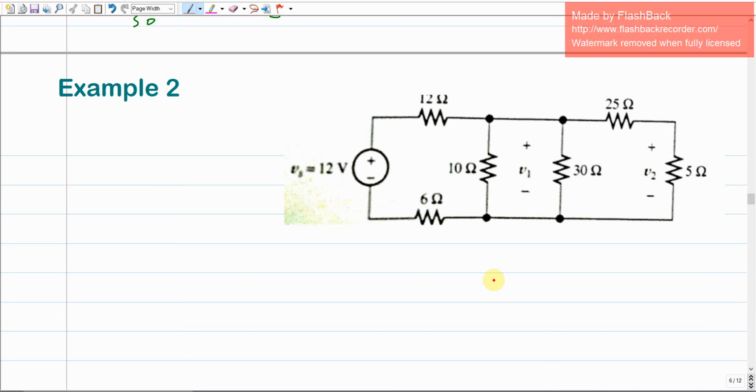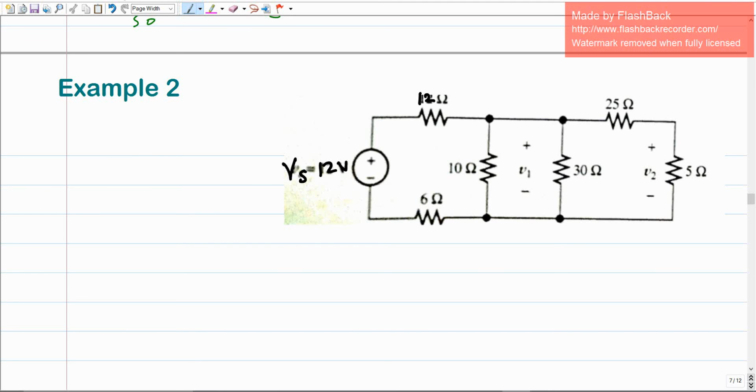Now let us move to another example of this electrical circuit, where we have a voltage source Vs, already given as 12 volt. And we have resistances of 12 ohms, 25 ohms, 35 and 10 ohms, 6 ohms. Let's see what is the requirement for this one.